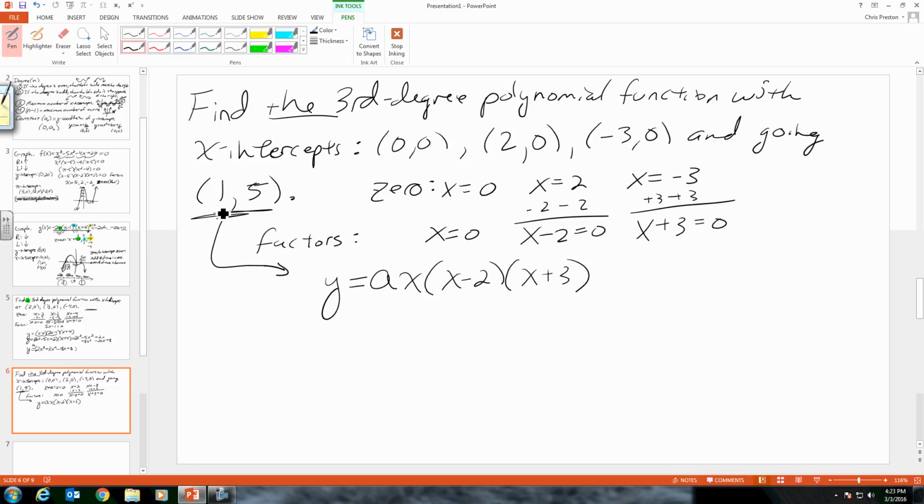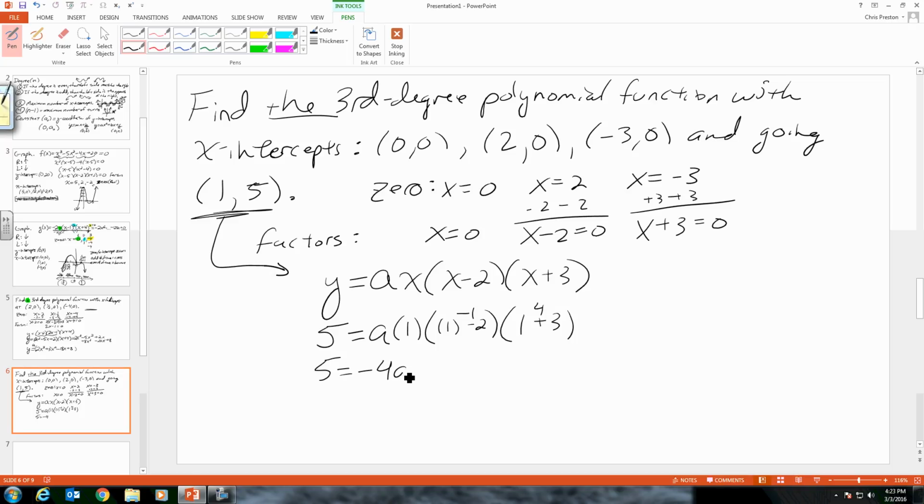But with this point, this is telling me when x is 1, y is 5. So when all my x's are 1, my y is 5. So I'm going to go into my formula that I've constructed so far, and I'm going to change all the x's to 1. So this is going to be 1 minus 2, and 1 plus 3. And so this is going to be a negative 1, that's going to be a positive 4. So it looks like 1 times negative 1 times 4 is a negative 4.